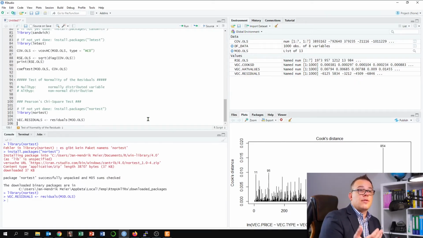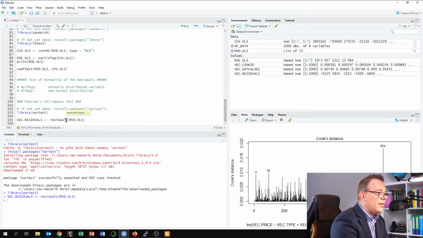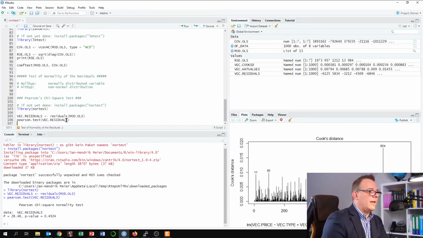I save those residuals, and now I have the vector of residuals here, 1000 residuals. And now I test those residuals using Pearson.test, and I hand over the vector of residuals and run that test.